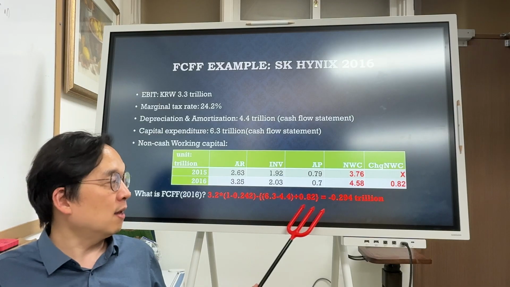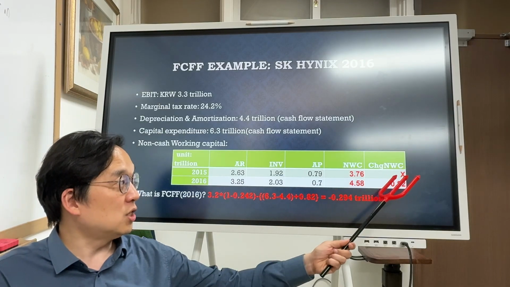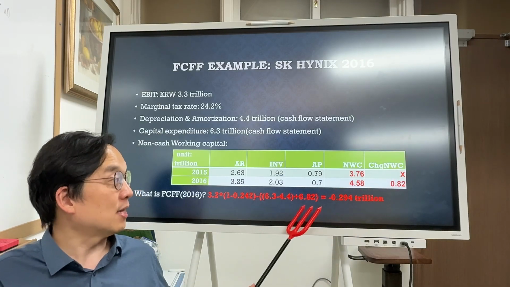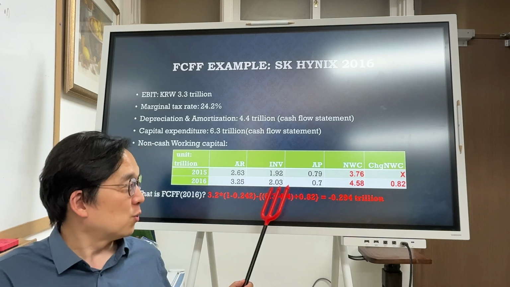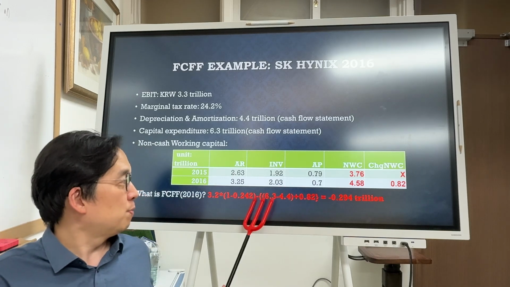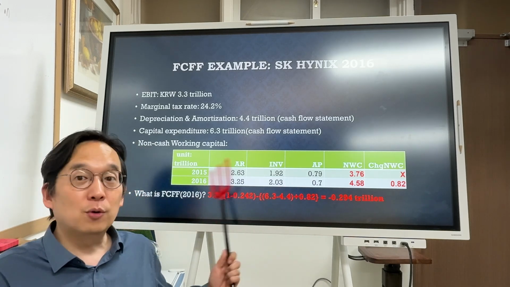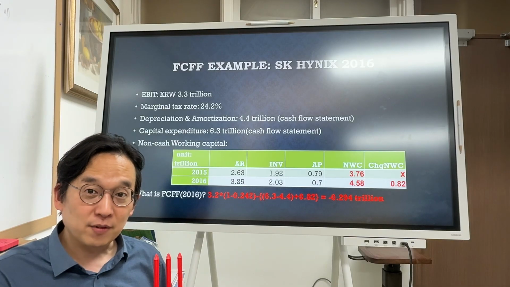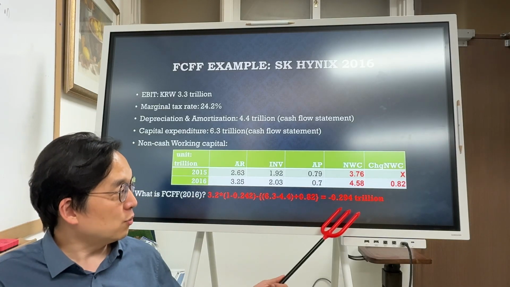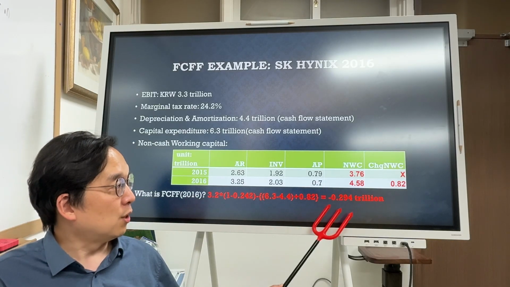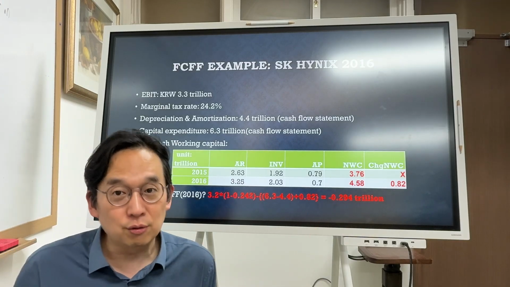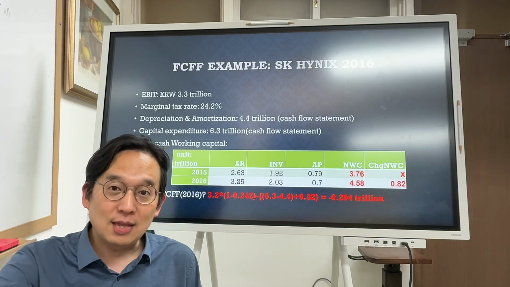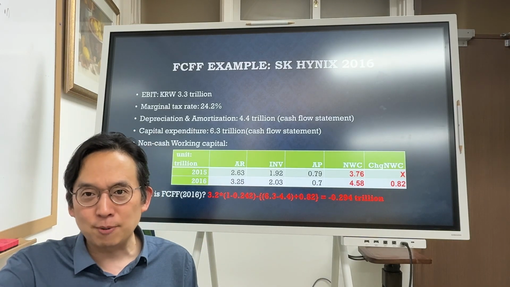The second is your change in non-cash working capital. That's the short-term investment. Adding those two, they should be subtracted from your after-tax operating income. Easy, right? So that's how you get minus 0.294 trillion Korean won. Okay, that's the numerical answer, but what's the idea?